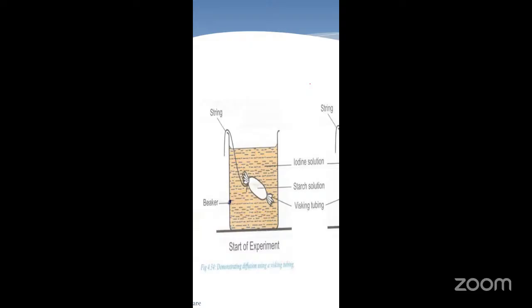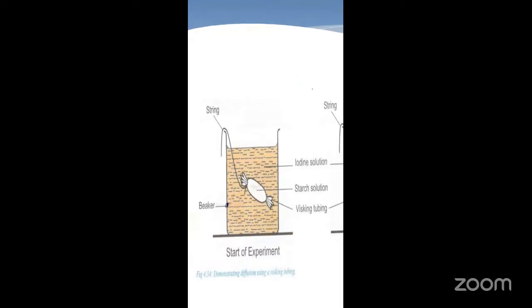Why am I saying you have to note that? You have to note that because at the end of the experiment, there will be a color change. Okay, so at the beginning of the experiment, the iodine in the beaker will be brown in color. Starch solution will be white. So when you give it time, what do you expect will happen?